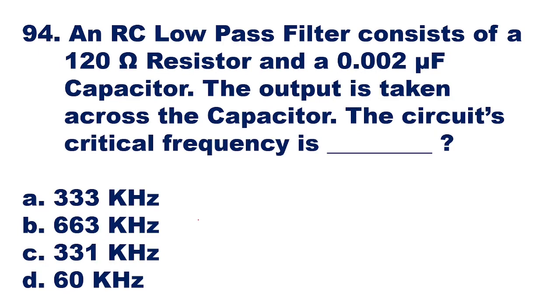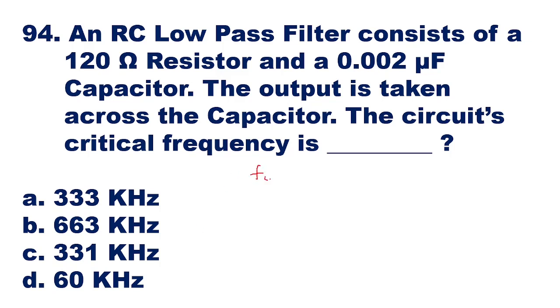An RC low pass filter consists of a 120 ohm resistor and a 0.002 microfarad capacitor. The output is taken across the capacitor. The circuit's critical frequency is dash. Now here again we are going to use the same formula.